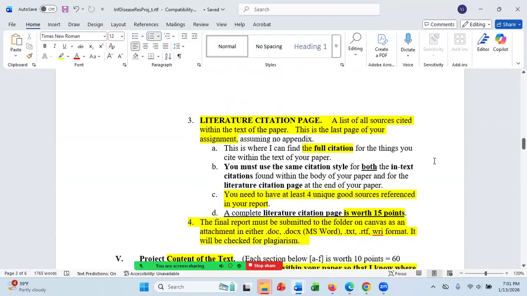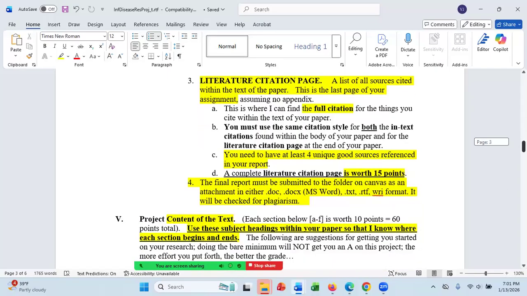But I think it's 4 good, valid references. Essentially, if anything is peer reviewed, but like Newsweek, Time Magazine, that would be valid. Literature citation page. Well, I've already talked about that. You must have 4 unique good sources in your reference. There it is right there. The complete literature citation page, meaning the full references, are worth 15 points.